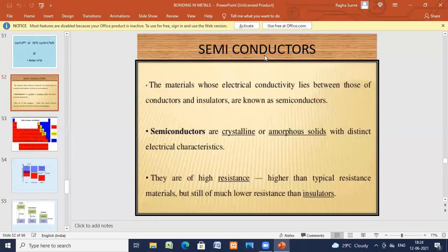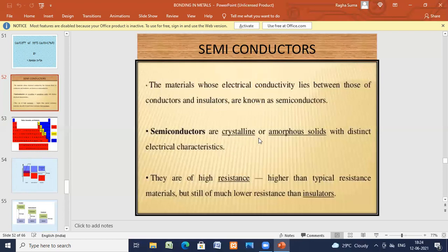Semiconductors are materials whose electrical conductivity lies between those of conductors and insulators.